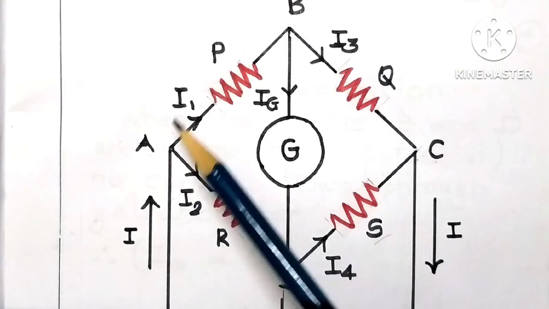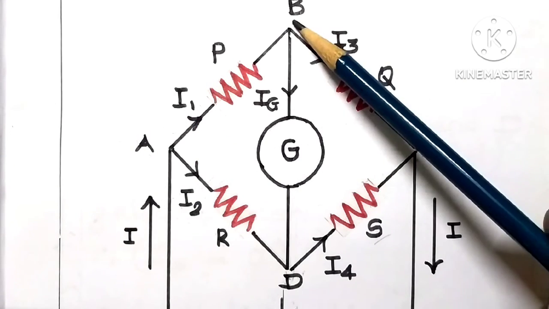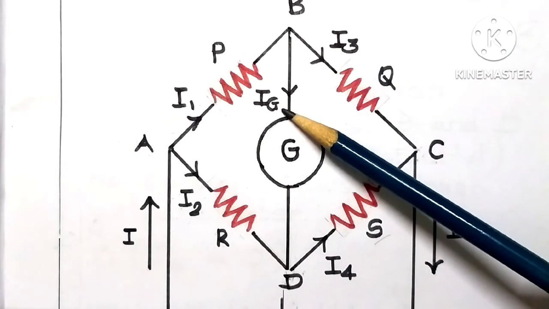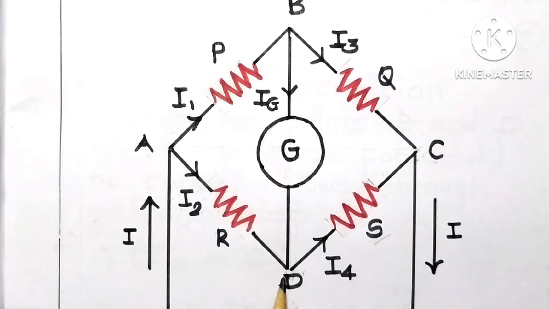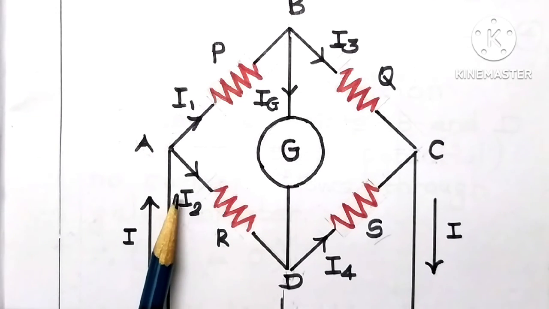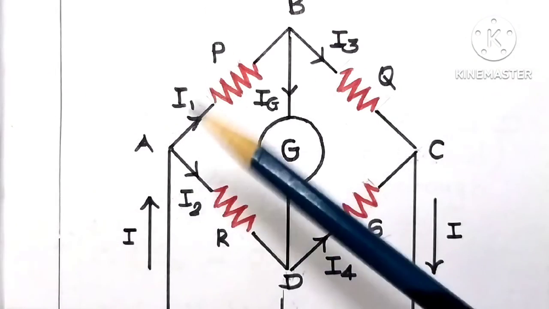Here we are going from A to B, so current I1 is taken as positive, and from B to D, so current Ig is taken as positive. Then we go from D to A, but current I2's direction is opposite to our direction, so it is taken as minus.